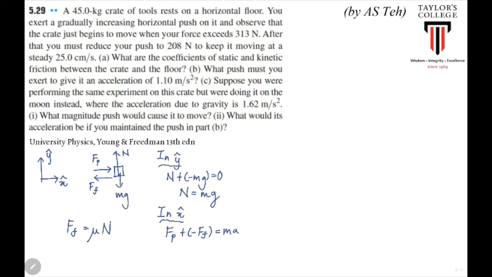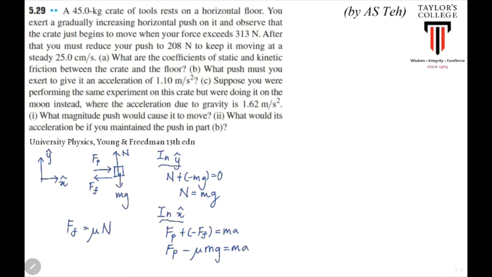Depending on whether the box is moving or static, you will use those respective values. So if I write this a bit further, Fp minus mu N, where I can replace N with mg, equals ma.